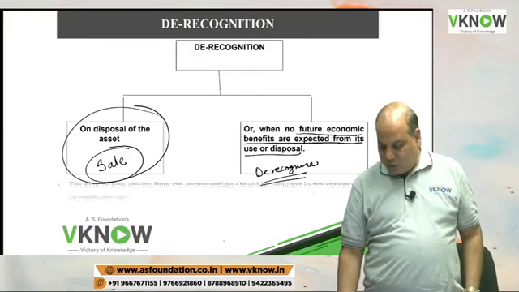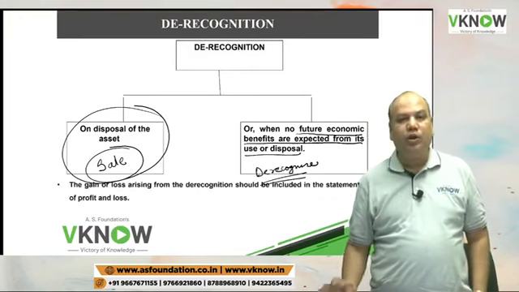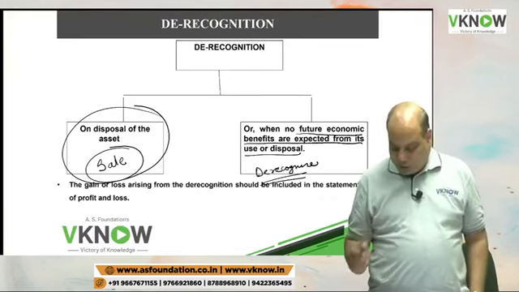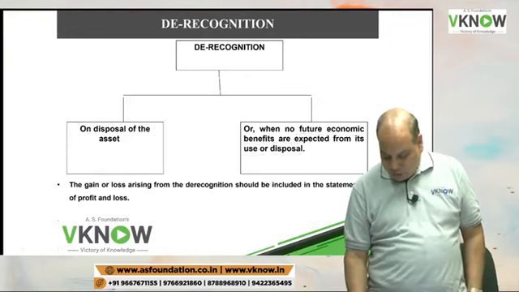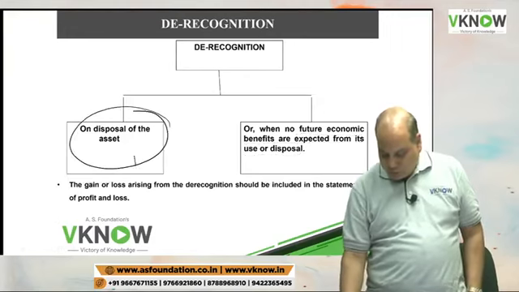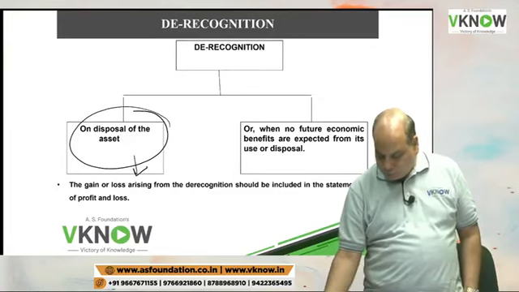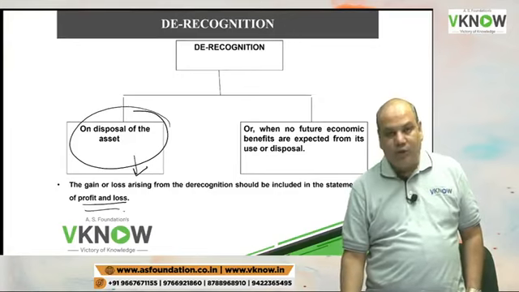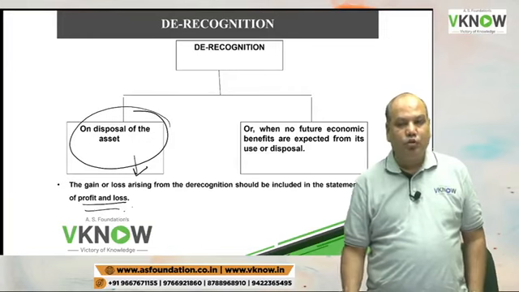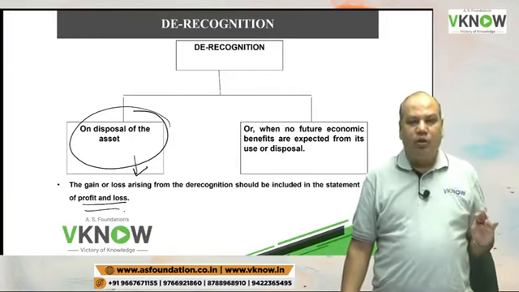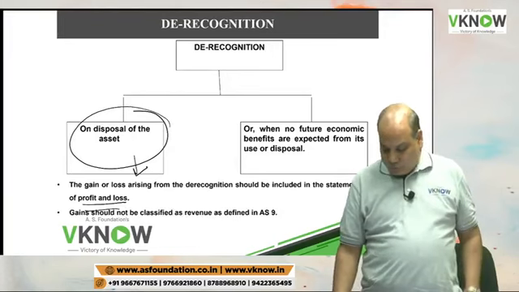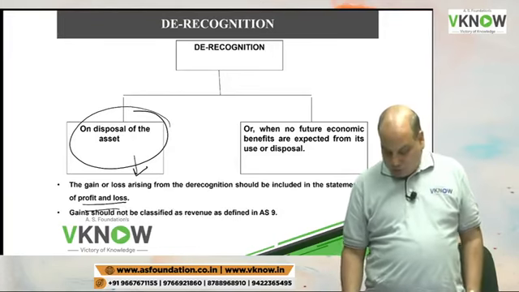So when there is no future economic benefit left in the asset, derecognize. Any gain or loss on disposal will be recognized in P and L account.